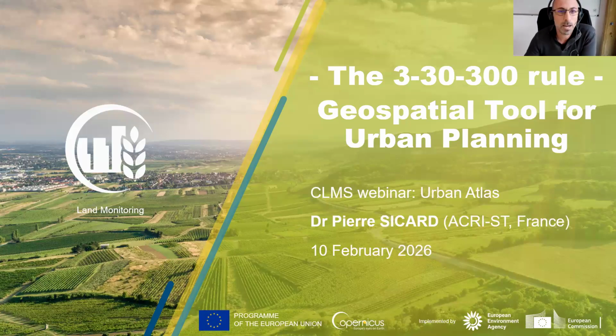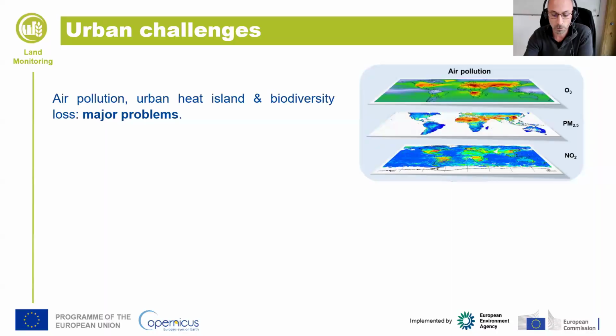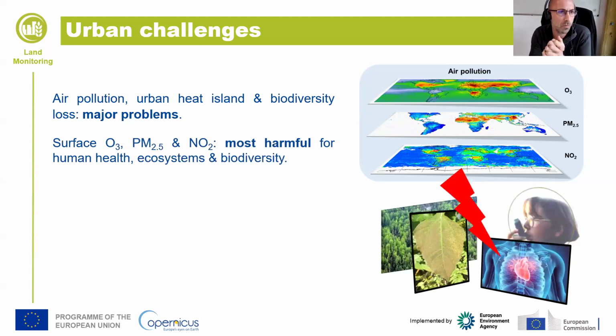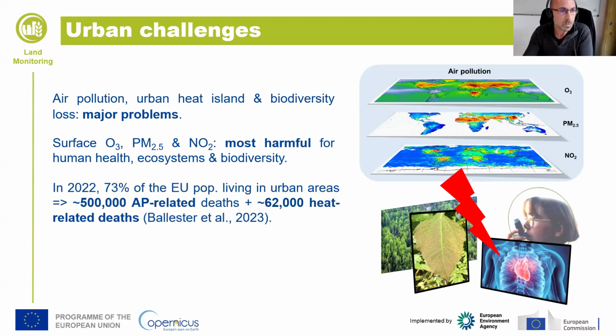Okay, so today I will present to you a geospatial tool for urban planning, namely the rule 3-30-300. Air pollution, urban heat island, and biodiversity loss are major problems in cities, and the most important and harmful air pollutants for human health, ecosystems, and biodiversity are tropospheric ozone, fine particles, and NO2.